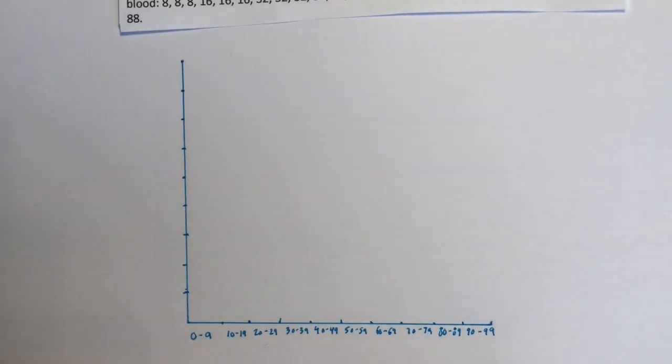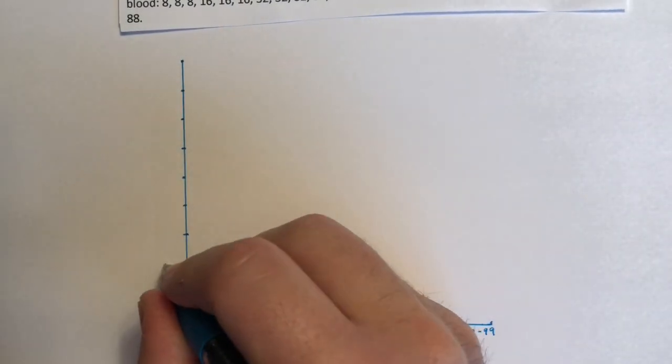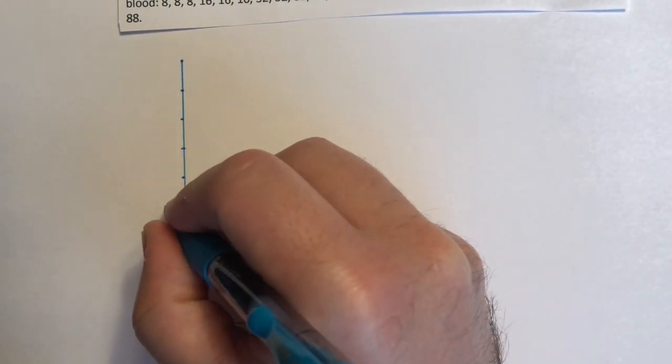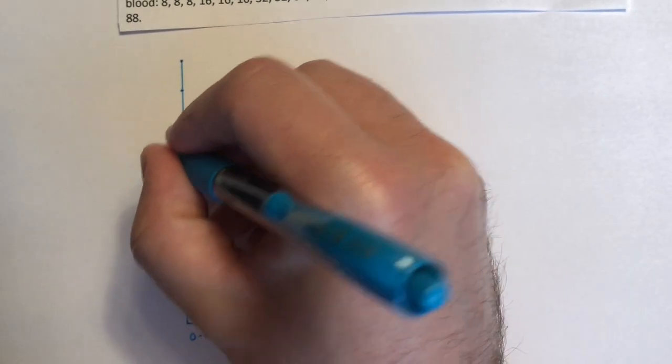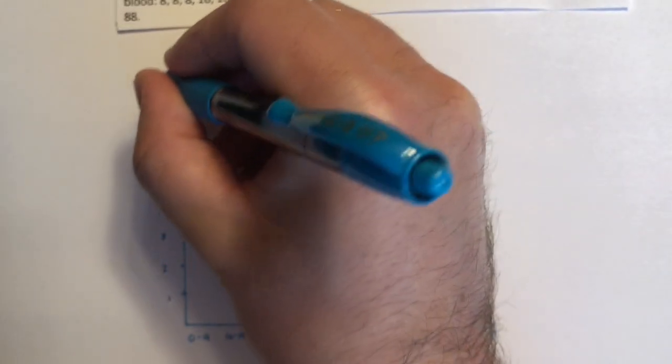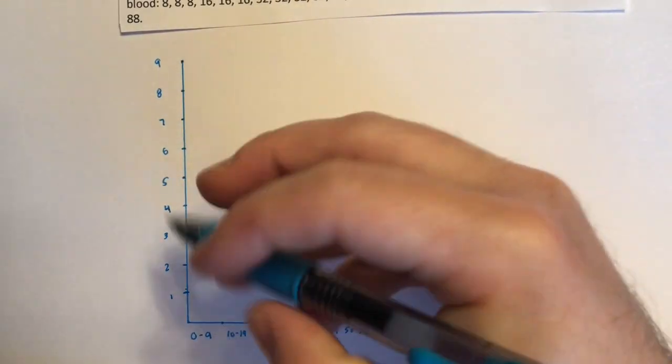All right. So it'll be like 1 time, 2 times, 3 times, 4 times do these values fall in these areas. So based on this information we have, there are 3 numbers that fall in between 0 and 9.